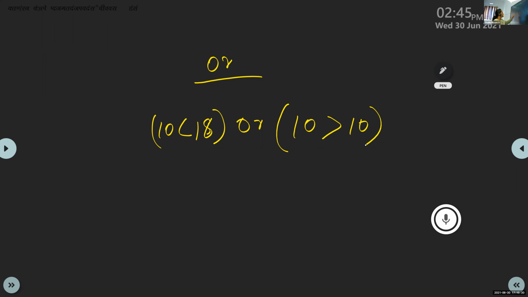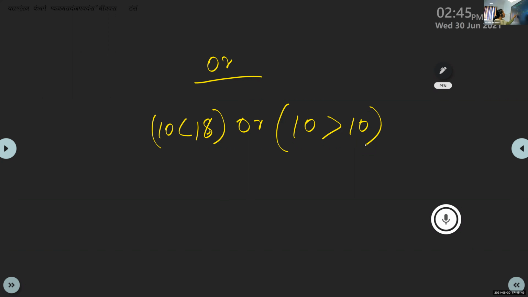The statement is like this: 10 less than 18 or 10 greater than 10. OR is also a binary operator, so here we are using two operands. The first operand is 10 less than 18 and the second operand is 10 greater than 10.